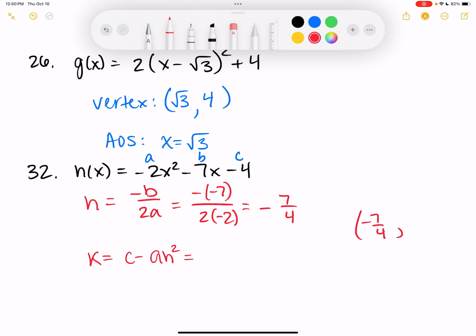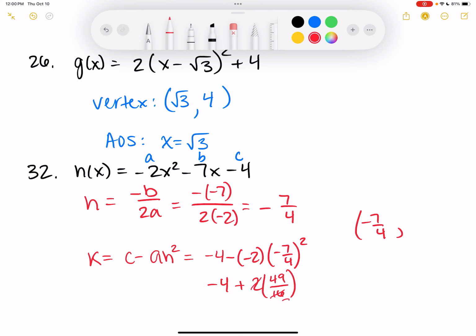So if I plug that in, I would get negative 4 minus negative 2 times negative 7 over 4 squared. So I've got negative 4 plus 2 times 49 over 16.